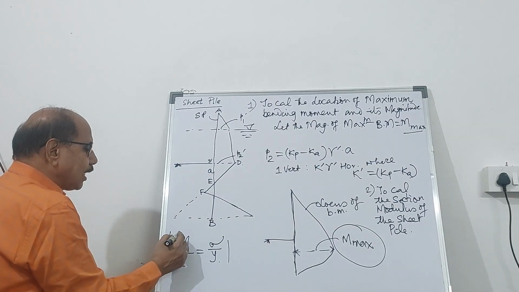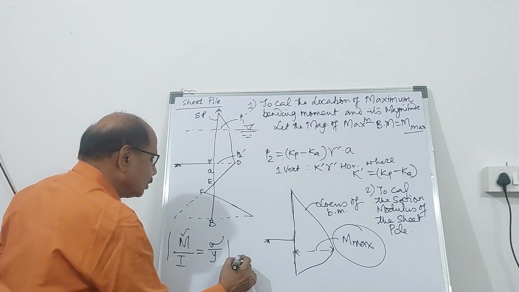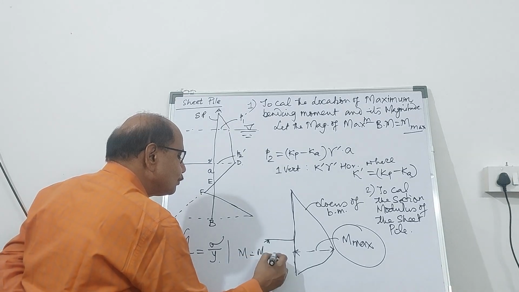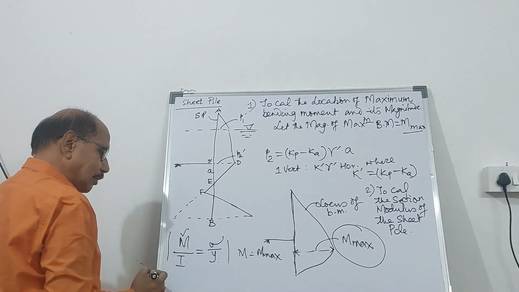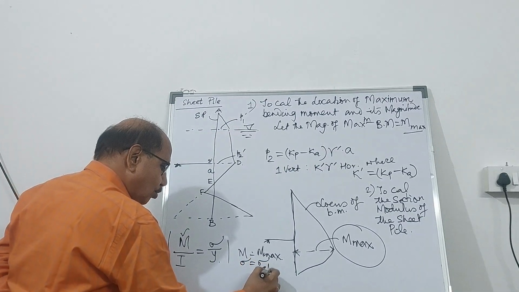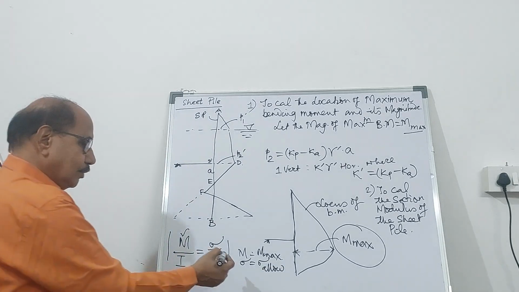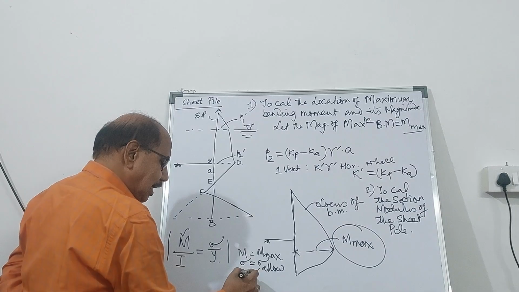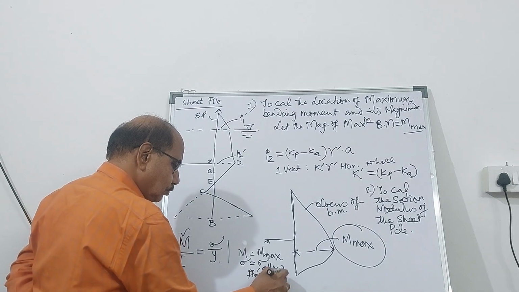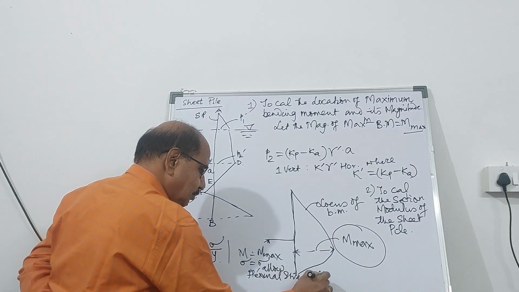Now, if you are able to calculate the maximum bending moment and say this becomes M equal to M max, which we have to calculate, and sigma equal to sigma allowable, which is equal to the allowable flexural stresses of the sheet pile.